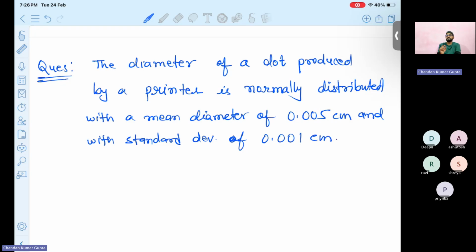The dot produced by the printer is normally distributed with mean diameter 0.005 centimeter and the standard deviation is 0.001 centimeter.